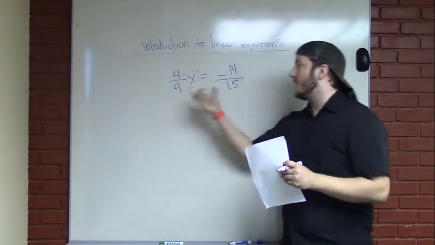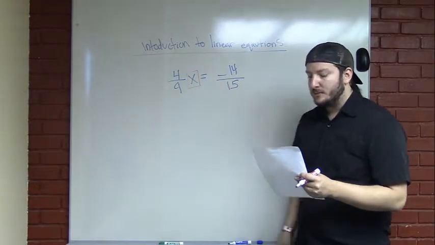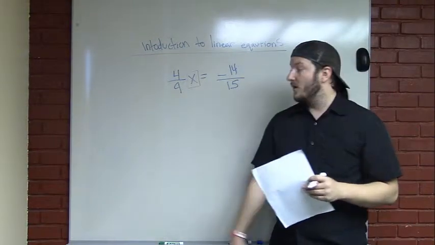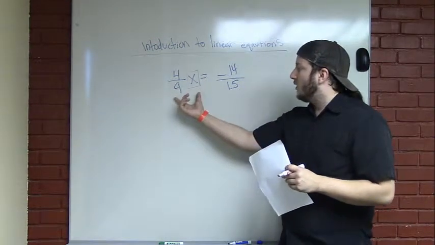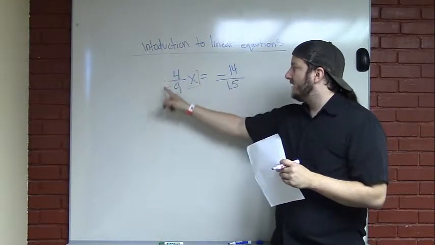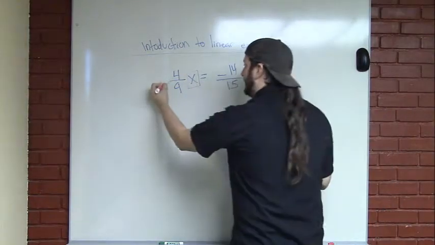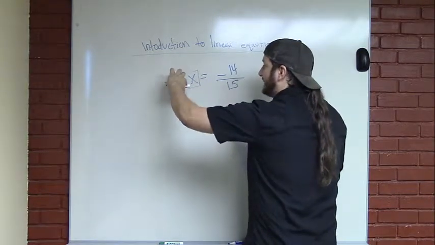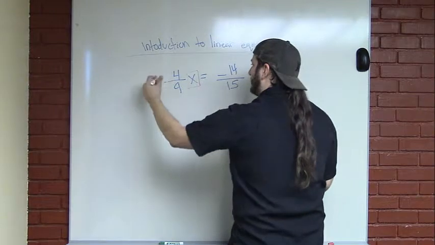Because remember, you can multiply on both sides using the multiplication property of equality, the very first, I guess the only property you learned so far in this video. So what you're going to do is multiply this left side here by the reciprocal, and the reciprocal is just the opposite of this. You're just going to take this fraction and flip it upside down.